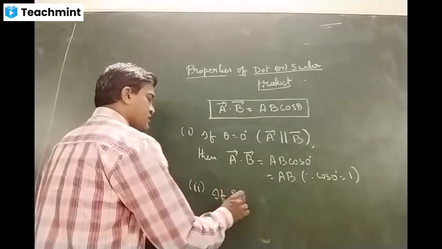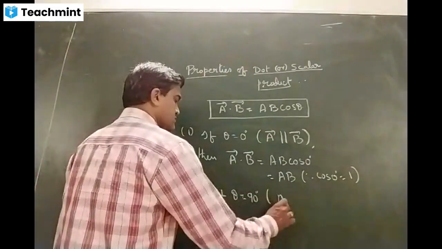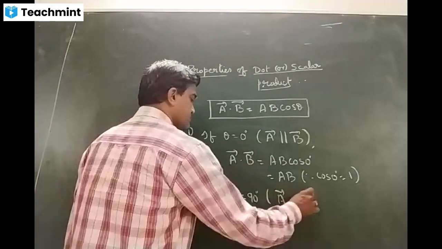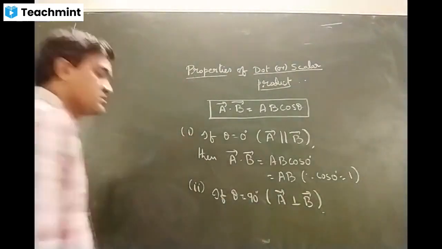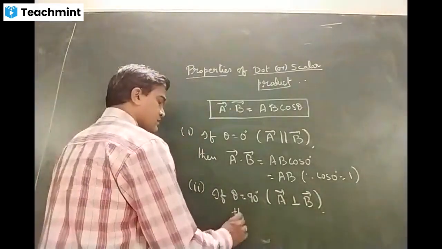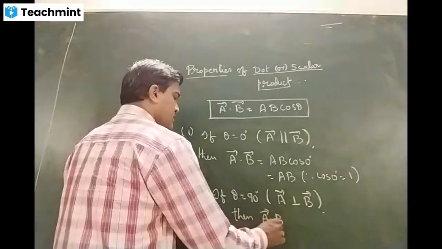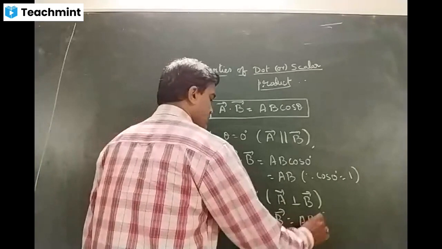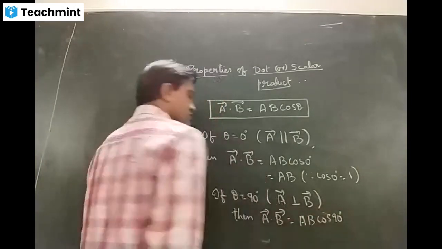Second one: if theta is equal to 90 degrees, that means A bar is perpendicular to B bar. In this case, what will I get? AB into cos 90, but cos 90 is 0.